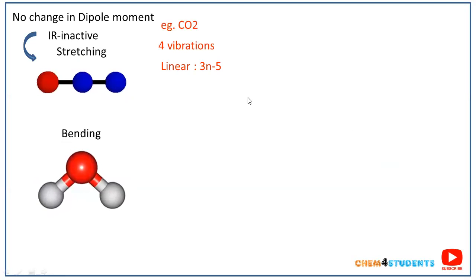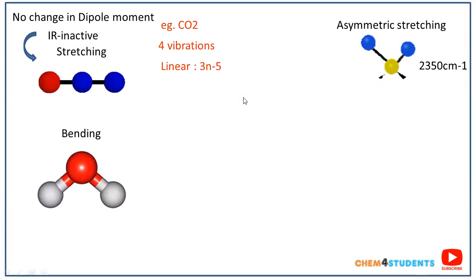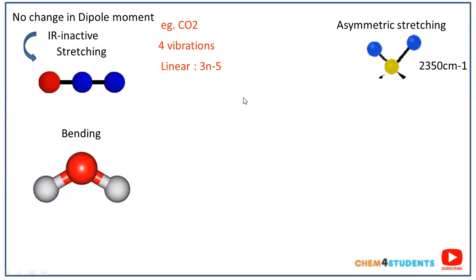The first is the symmetric stretching vibration of carbon dioxide, but this stretching vibration is IR inactive. Why? Because here we cannot see any dipole moment change. So that's why this type of stretching vibration cannot be seen on the spectrum. The second type of stretching vibration is called asymmetric stretching.